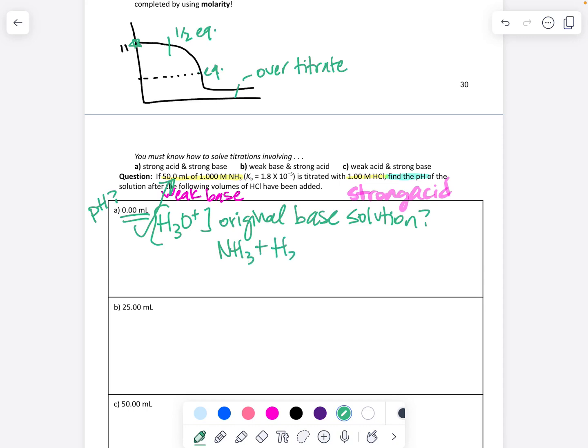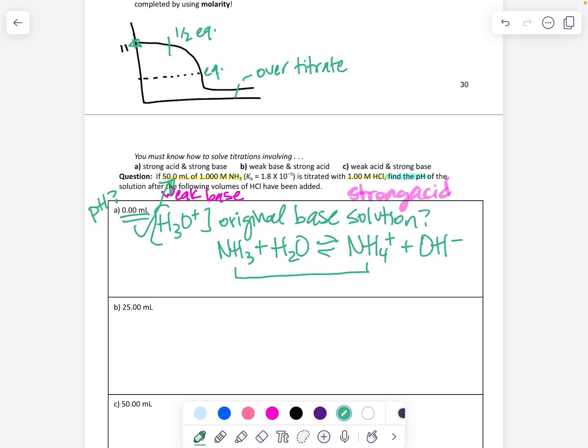When it is in water, it does create that equilibrium, and I'm going to make NH4 plus and OH minus. I am going to ionize here into ammonium, which is its conjugate acid, and I'm also going to make those OH minus ions in solution.